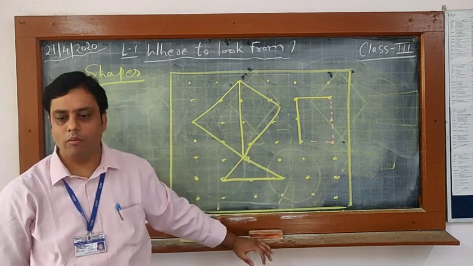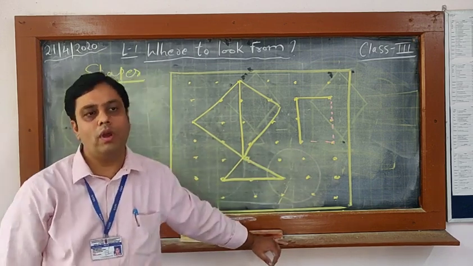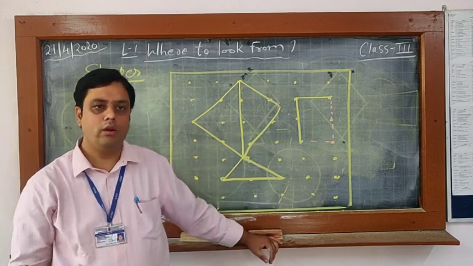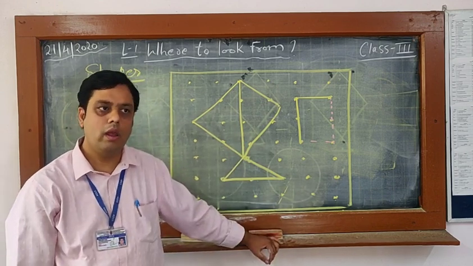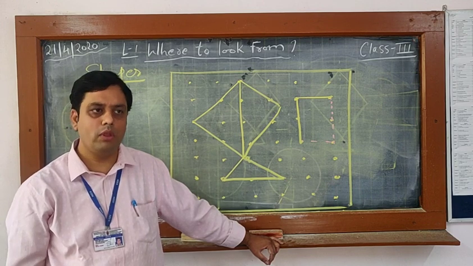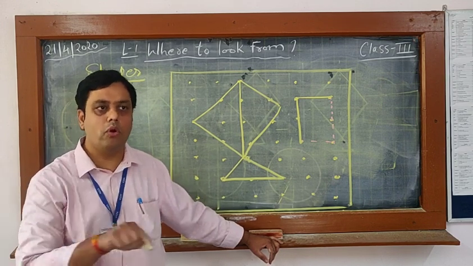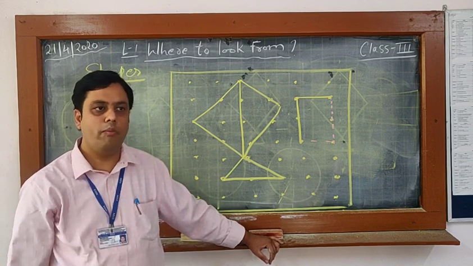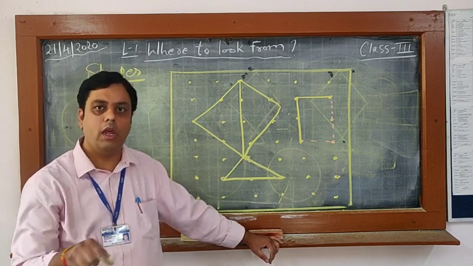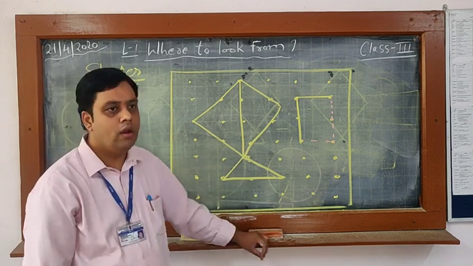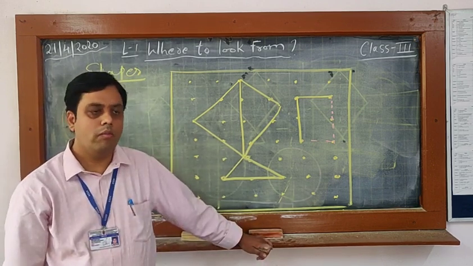So there are three types of questions in this lesson. First one is view, with two types of questions. Pictures are given and we have to tell which view it is: top view, front view, side view. Second, you have to draw the view of an object like a pressure cooker, table, cupboard, etc. Second type is mirror halves.